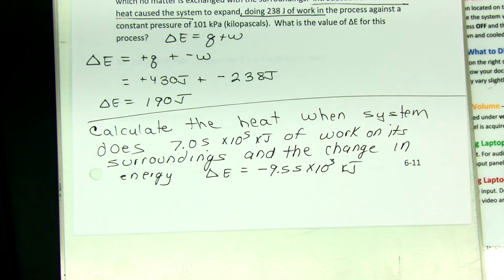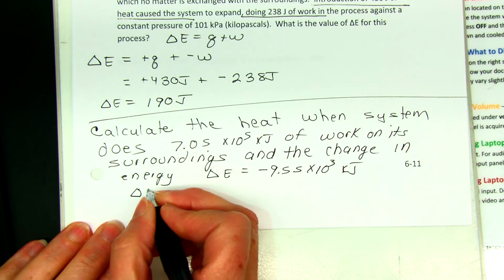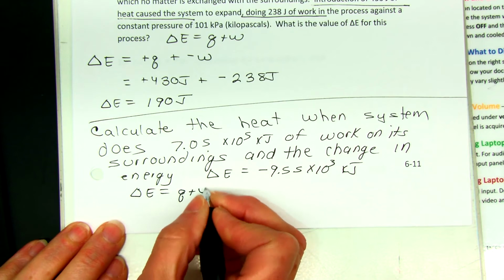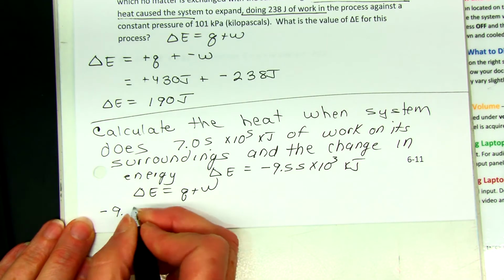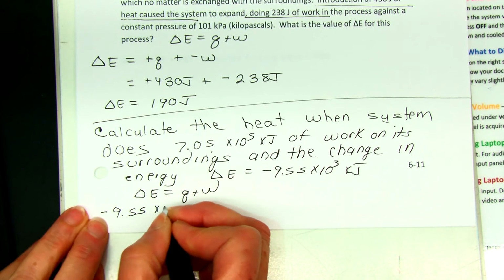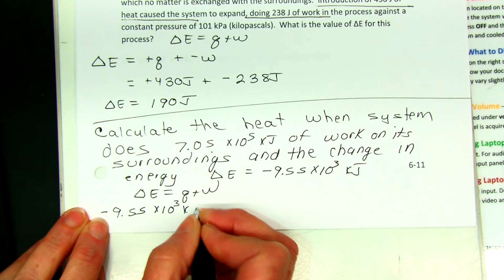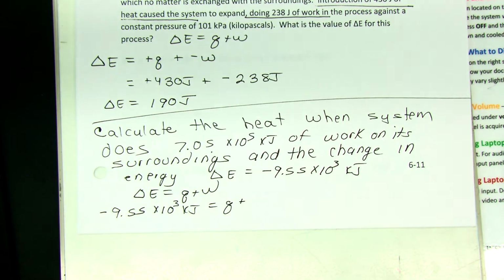Let's look. So we know that delta E is equal to Q plus W. And we know delta E, negative 9.55 times 10 to the third kilojoules, is equal to our heat Q plus our work W. Now, it says that the system does 7.05 times 10 to the fifth kilojoules of work.